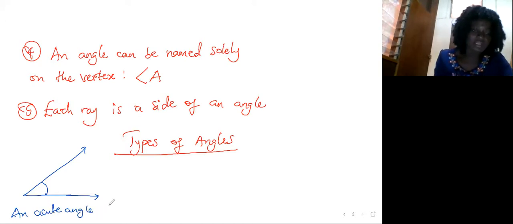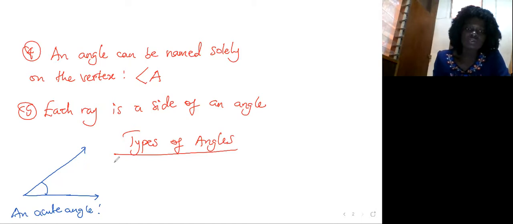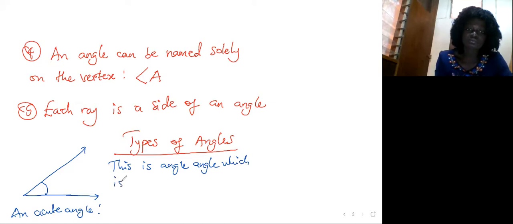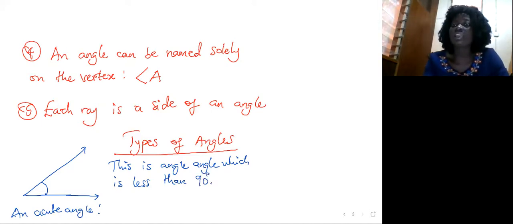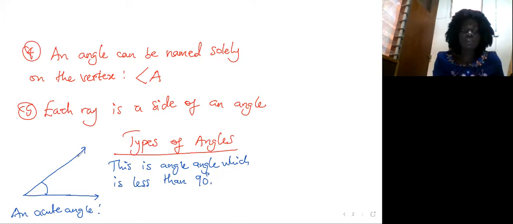So an acute angle is an angle which is less than 90 degrees. Okay, so that's the first one.